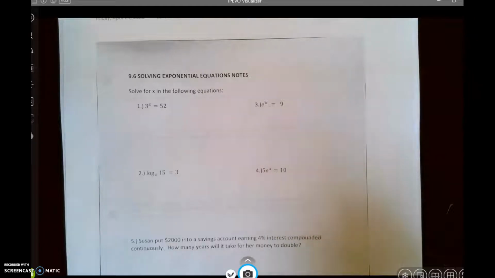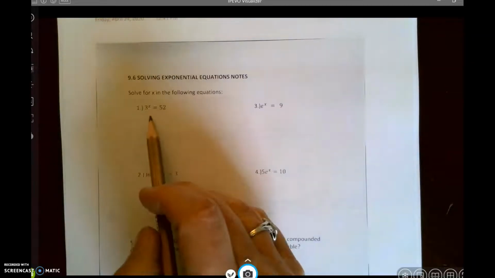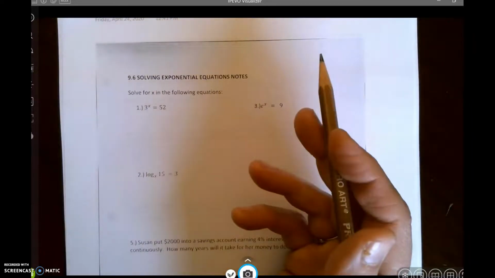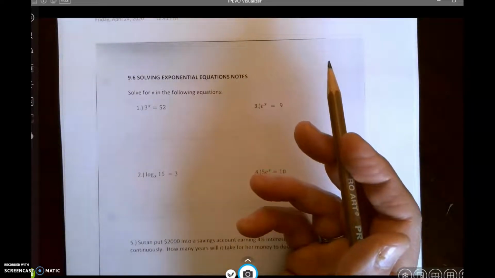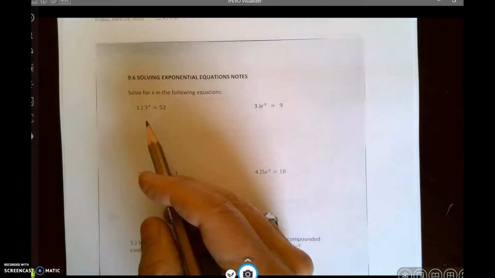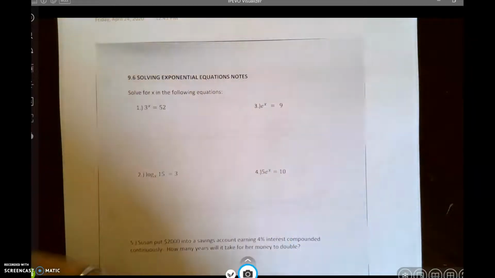Well, when we want to solve for an exponent, we can't look at a problem like number 1 and say, well, divide by 3, or what do you multiply by? We need something to do in order to find the exponent.